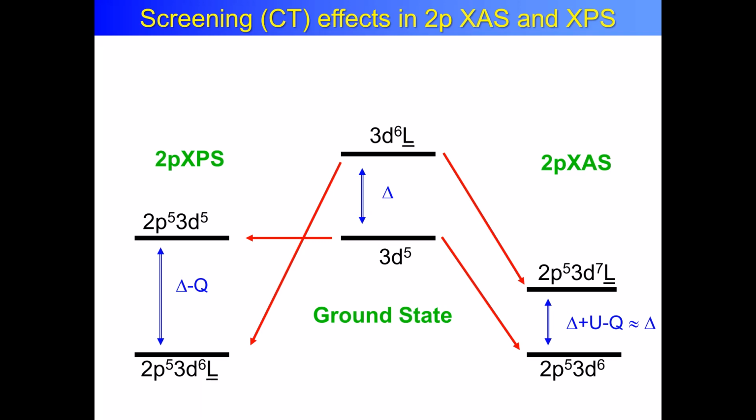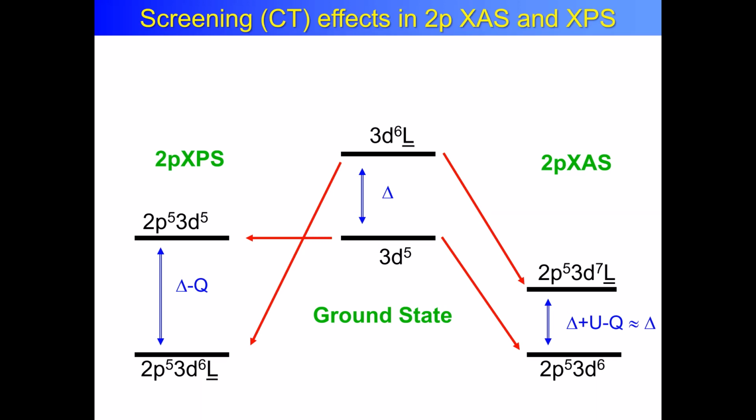If you're then going to do 2p X-ray absorption, which I will not discuss today, but just the energy effects, then the ground state 3d5 goes to 2p5 3d6, and the 3d6 ligand hole charge transfer state goes to 2p5 3d7 ligand hole. So you move a 2p electron to a 3d state. X-ray absorption is a self-screened experiment, so the energy difference in the final state, delta in the final state, is the same as delta in the initial state.